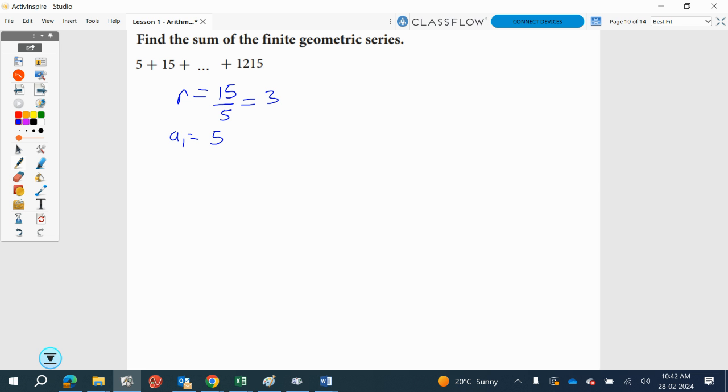There it gets a bit tricky, doesn't it? So, what is the nth term in the sequence? What's the formula for the nth term? 5 times 3 to the power n minus 1.